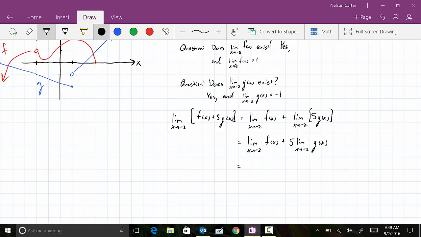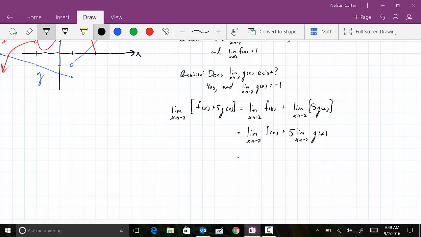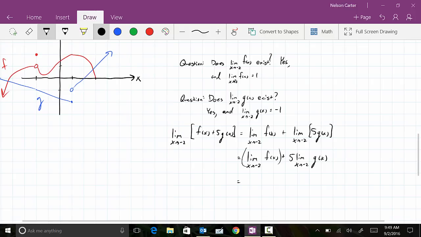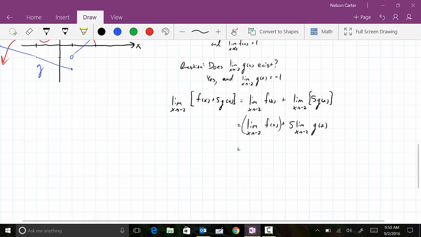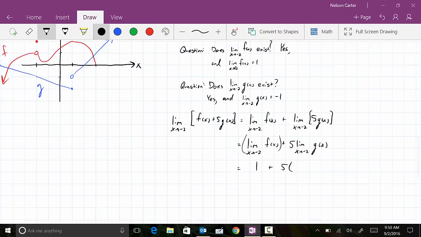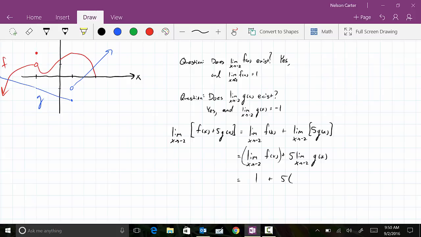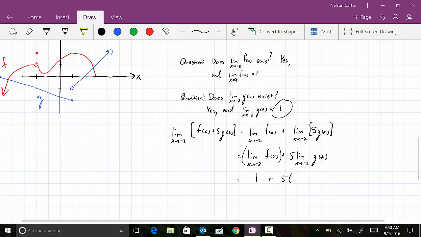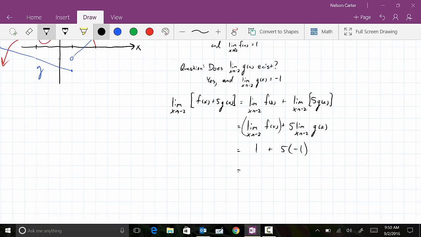Now we can replace the first limit with 1 because we said that limit was equal to 1. So this is going to be 1 plus 5 times the limit as x approaches -2 of g, which we said was -1, so we replace this with -1. Then we get 1 minus 5, which is -4.